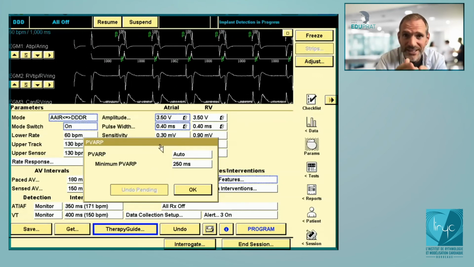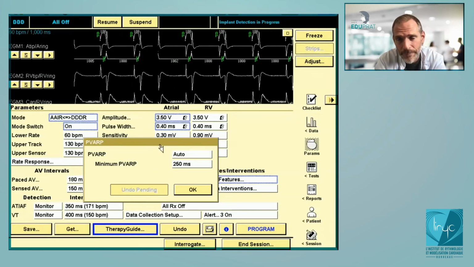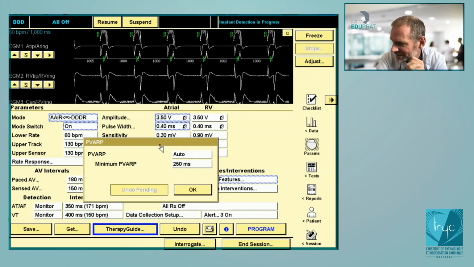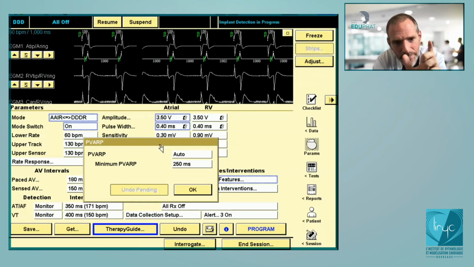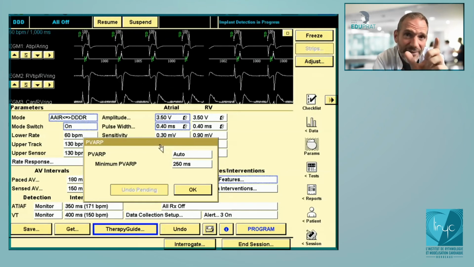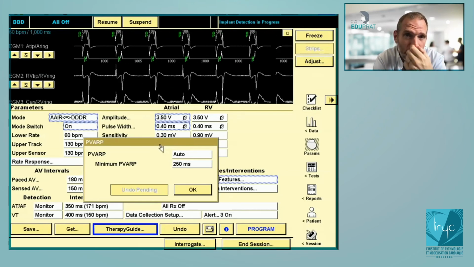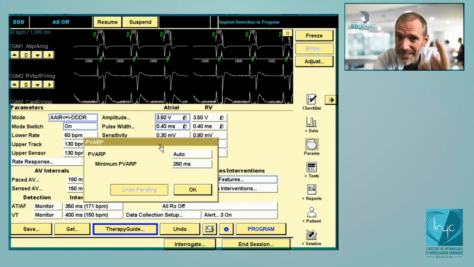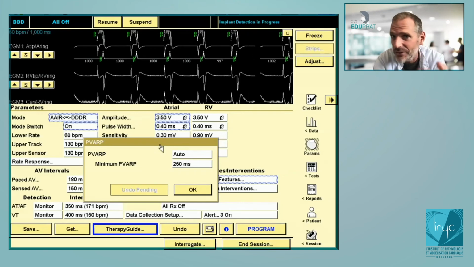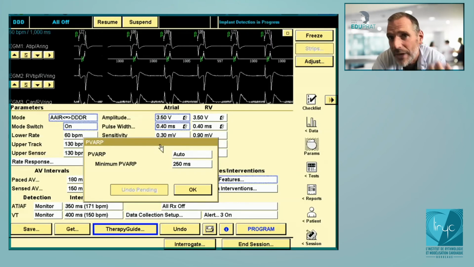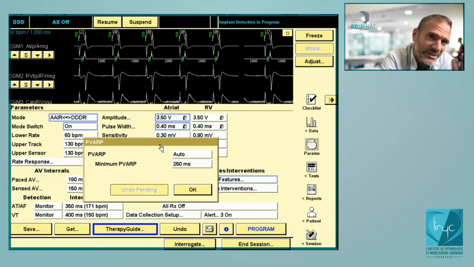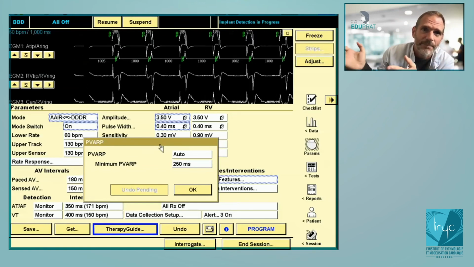So what you want is to have a PVARP longer than the retrograde conduction time. But if you program a very long PVARP, then you may have in some patients a problem of 2-to-1 block during exercise. But as I have explained before, in patients with sinus node dysfunction, you'll never have a problem of 2-to-1 block during exercise, except, of course, if at one time you present with AV block.